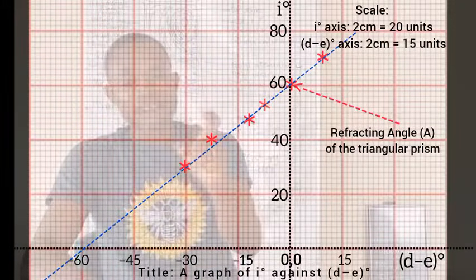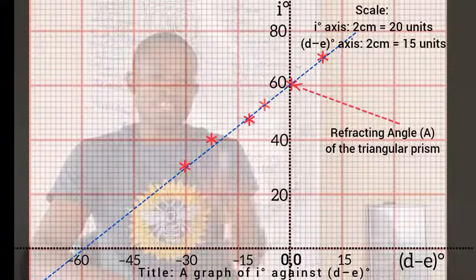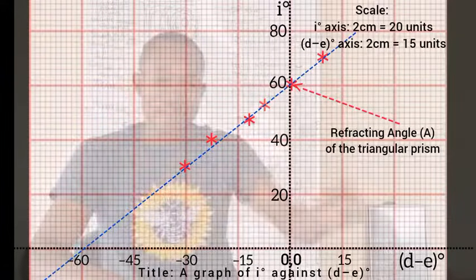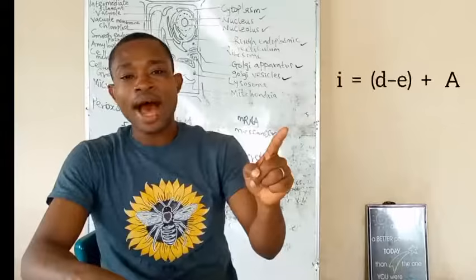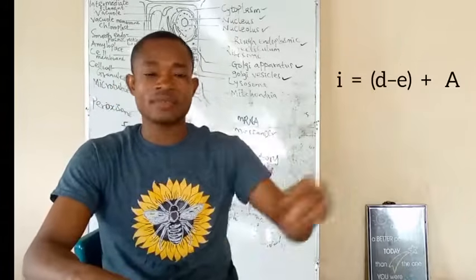How did I know that? Remember I told you, in the graph of incidence angle against D minus E, it follows the equation I equal to (D minus E) plus A.